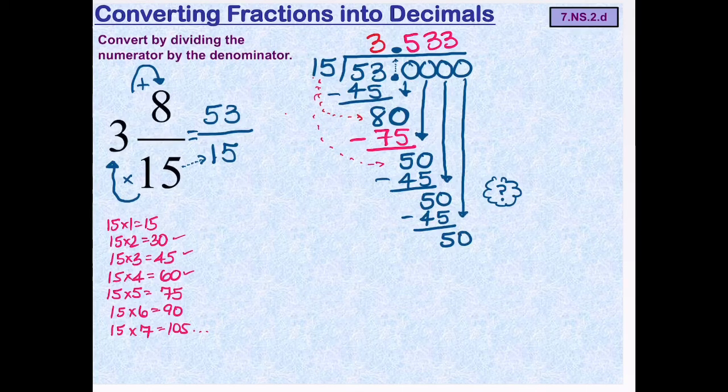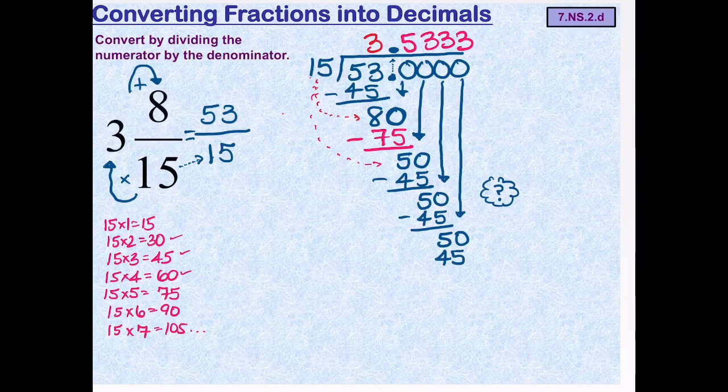So we've got 50. And you're going to notice at this point right here, this is a never-ending repetition of 3's. No matter how many times we do it, we're always going to get 50. We're always going to multiply and get 45. We're always going to subtract and get 5. And we're always going to bring down a 0 and make 50 again.